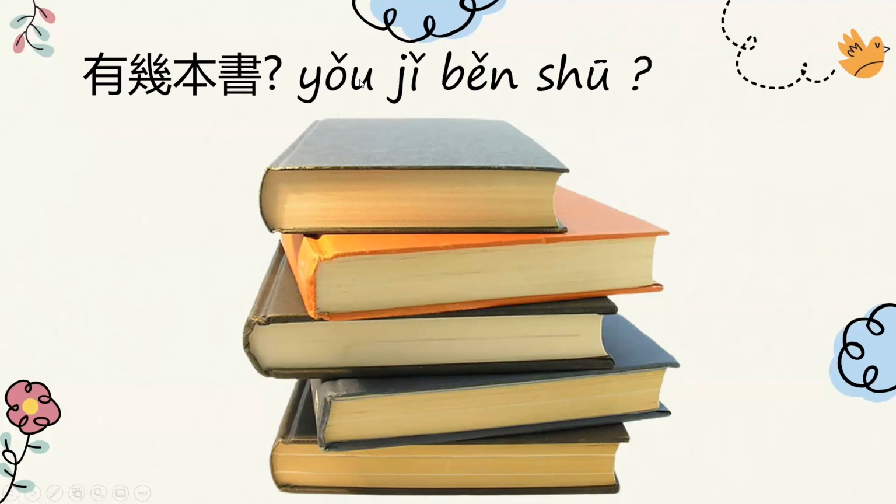How many books are there? 几 is how many. Okay, so it would be, yes, 1 2 3 4 5, 有5本书. You can just tell me 有5本书. There are 5 books.